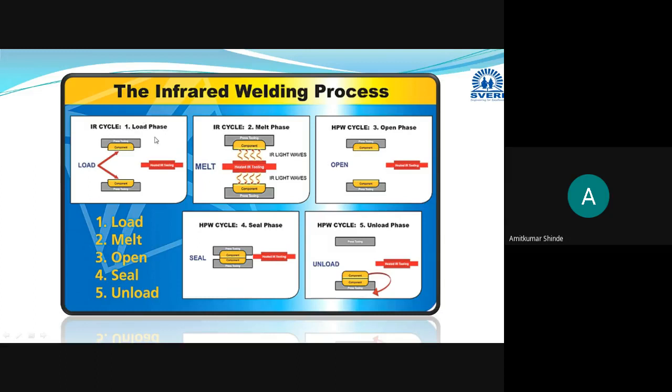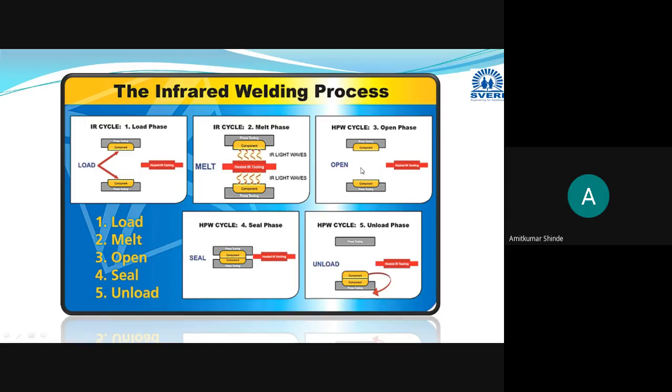One by one I will explain the phase names. This is the load phase. Loading means in that holding fixture we are keeping the plastic materials which we want to join. This process is termed loading. Then the melt phase: here we place the infrared light source in between the two plastic materials which we want to join. After this is the open phase.